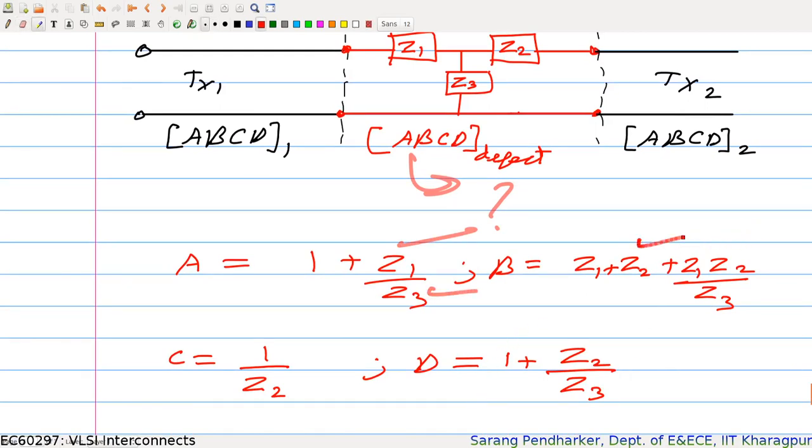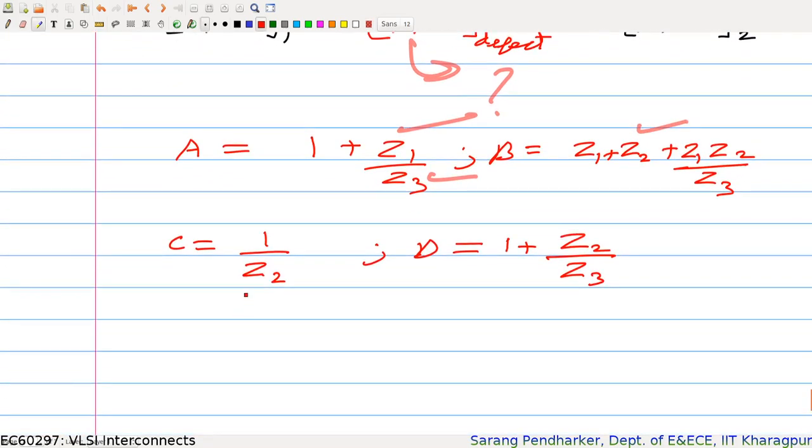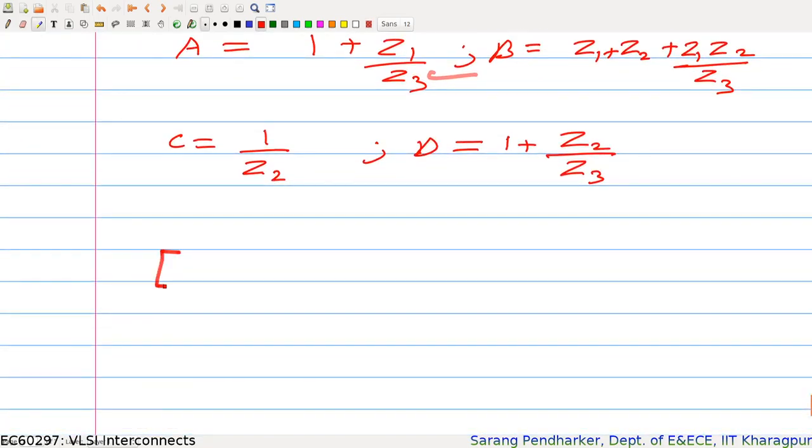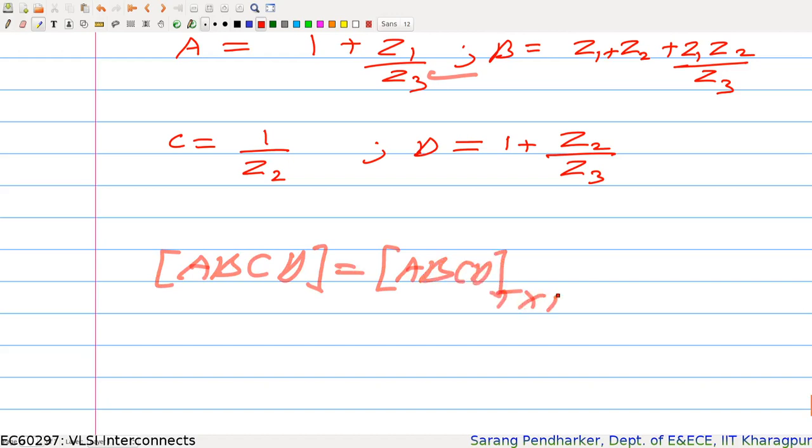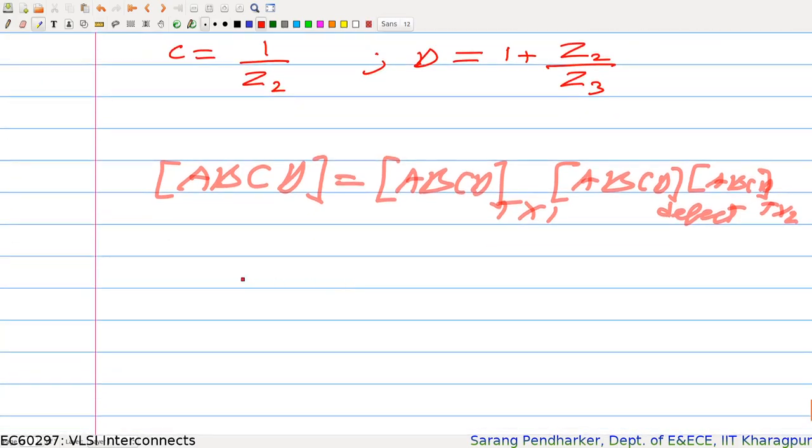So what I do is that from the measurements, I get the ABCD net. So my ABCD is ABCD of Tx1 into defect into ABCD of Tx2.